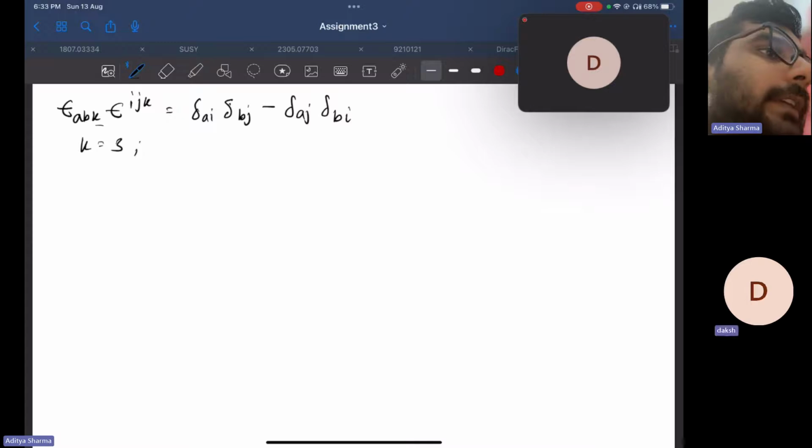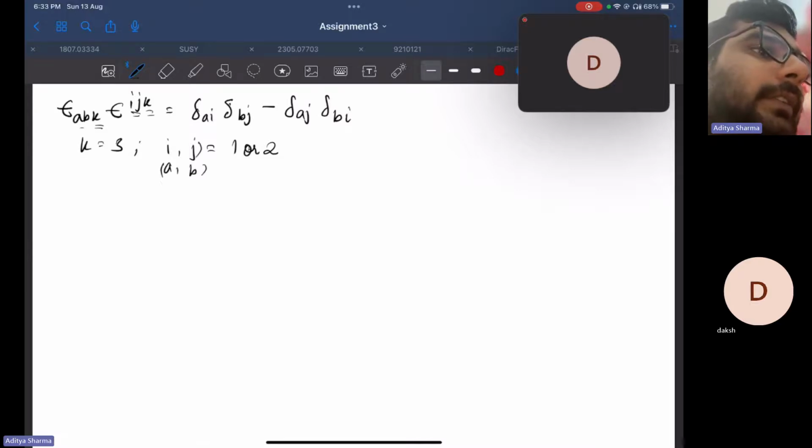Now if k is 3, i and j should be 1 or 2, right? Because if you put 3 in i, j or a, b, then this thing is nothing but 0. Correct.